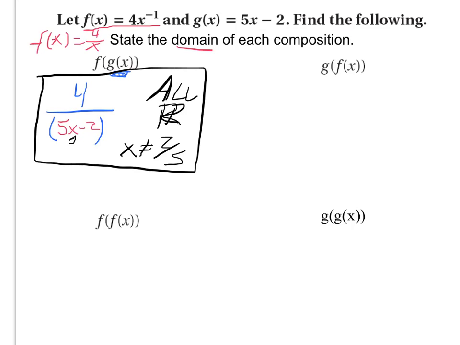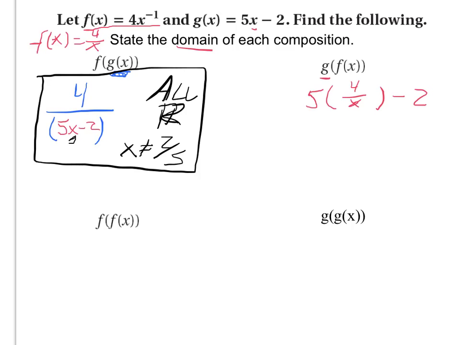Now, same type of problem, g of f of x. So I am going to rewrite g, but wherever there's an x, I'm going to leave it blank. So I have 5, and there's my blank. That's where x should be, but I'm going to leave it open, and I'm going to fill it with the value of f of x. So 4 over x.